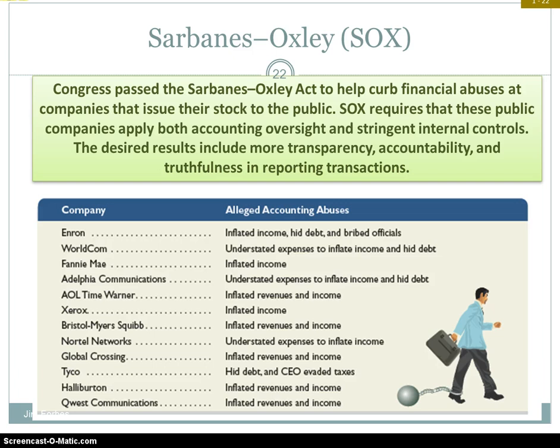There's a lot of fallout from it. I could spend a whole semester discussing this law as well as another one, Dodd-Frank. But be aware that there are some major acts by Congress that do affect this industry. And I would suggest maybe some outside reading on Sarbanes-Oxley.